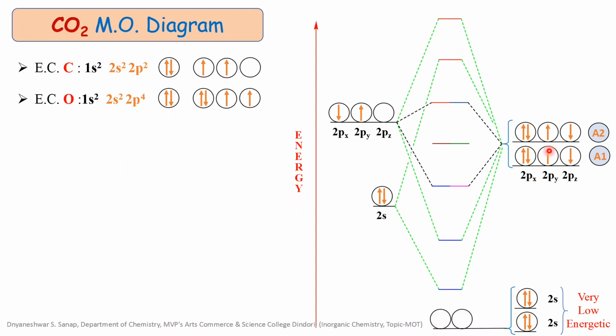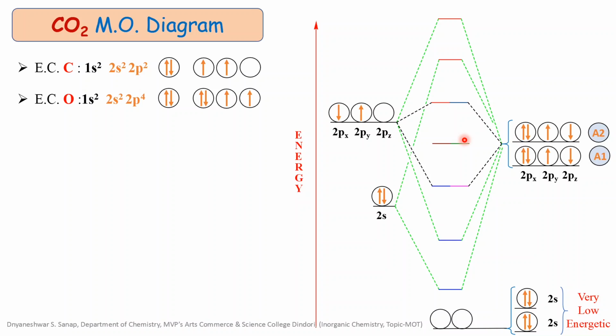When the 2p atomic orbitals of both oxygen atoms combine with the 2s atomic orbital and 2p atomic orbitals of carbon, it produces 10 molecular orbitals. Out of these 10 molecular orbitals, 4 are bonding molecular orbitals, 4 are antibonding molecular orbitals, and 2 are non-bonding molecular orbitals.